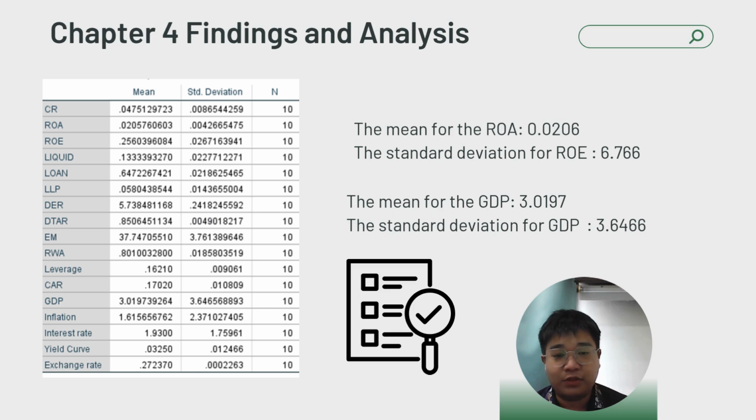The standard deviation of 0.0043 suggests that the ROA values across the 10-year period are relatively stable with low variability. On the other hand, the mean for GDP is around 3.02, showing the average economic growth during the period. However, the standard deviation is 3.65, which is relatively high, indicating substantial fluctuation in economic performance over the years.